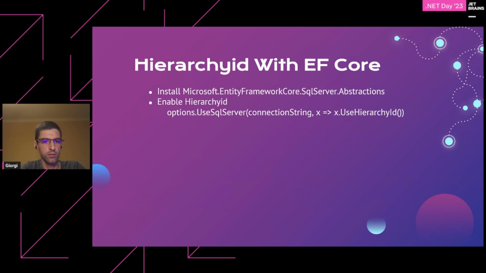Again, this is a new feature, so you will have to use the preview versions if you want to try this out. You need to install the package from NuGet, which includes the hierarchy ID type, and after that, you simply configure it in your data context to enable hierarchy ID with this method call.